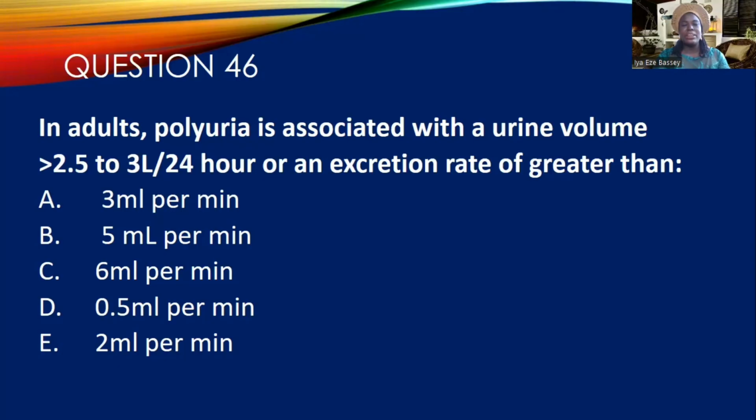The options are A, 3 mils per minute, B, 5 mils per minute, C, 6 mils per minute, D, 0.5 mils per minute, E, 2 mils per minute. So excretion rate greater than 2 mils per minute.